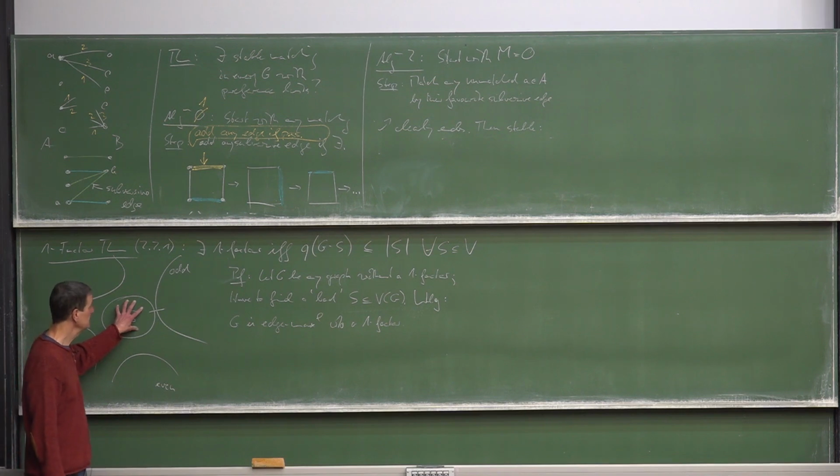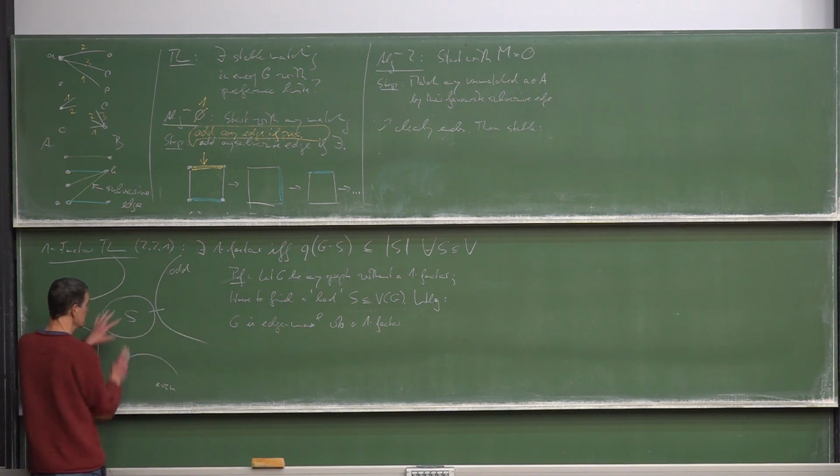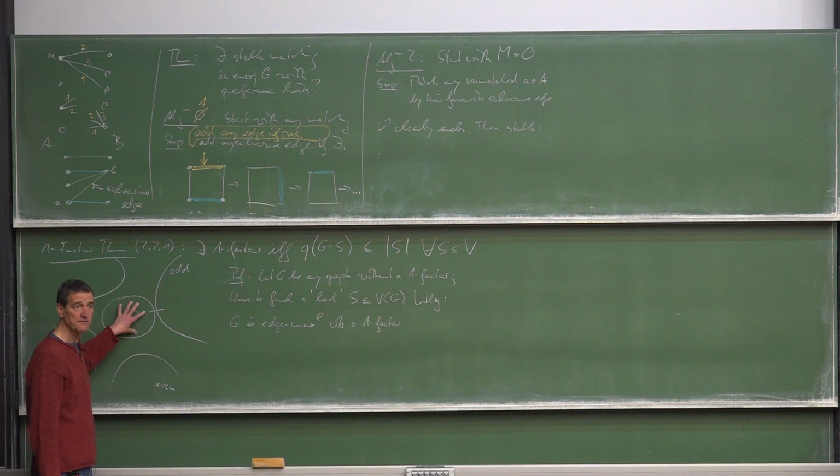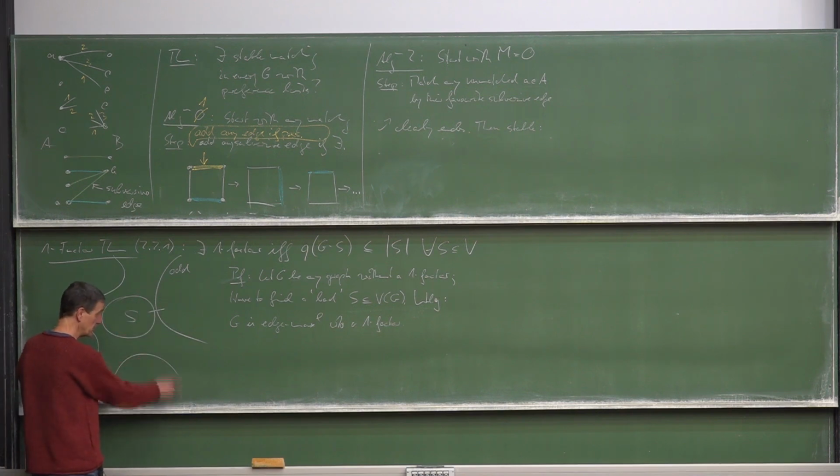Why? Well, G prime has some more edges. If this is the S for G prime, if this picture shows G prime, so this S is bad, there are more odd components than S has vertices. Where are the components of G minus this same S? Where are the odd components? Well, we don't know. So G has fewer edges than this G prime, so some of the components may split into many components.